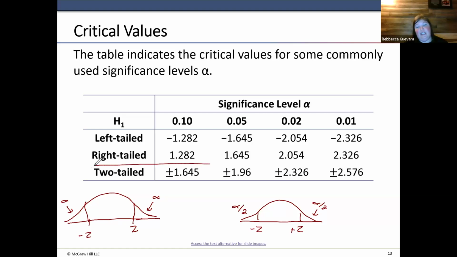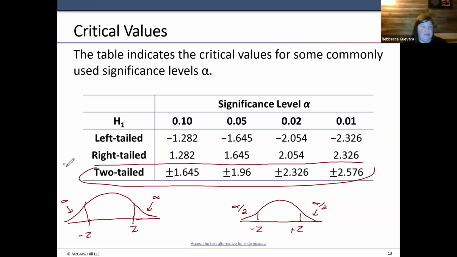And you should recognize these from confidence intervals. Because we're talking about those confidence levels, this is 90% level of confidence, 95% level of confidence, 98, and 99.